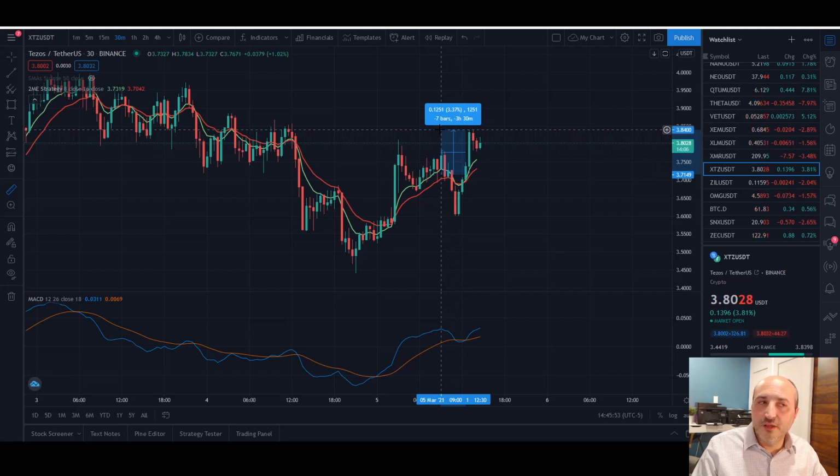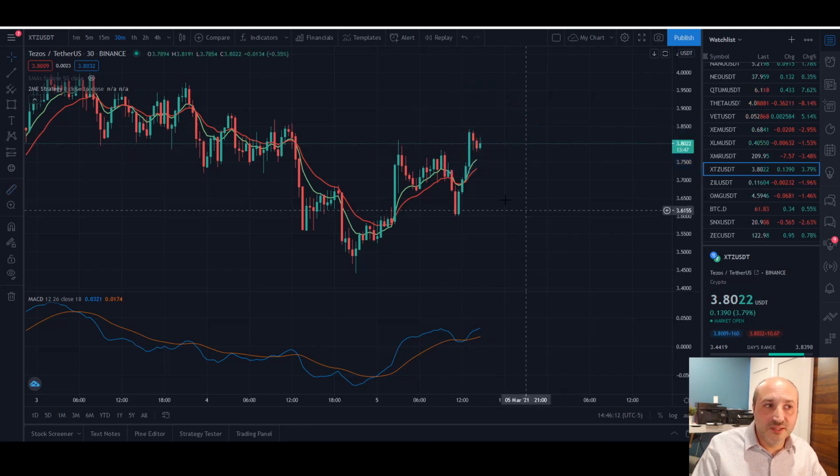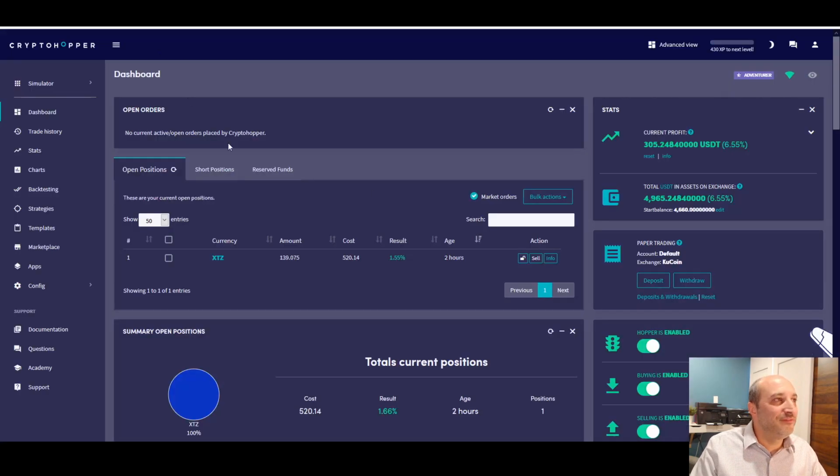The trailing stop loss kicked in at 2%. Now it's just waiting for the price to go 1.5% below the highest price. So 3.43, it will wait to go down, and when it reaches 1.5% below the highest, it will sell.